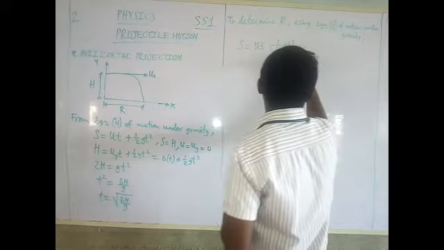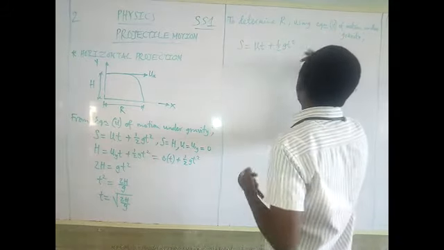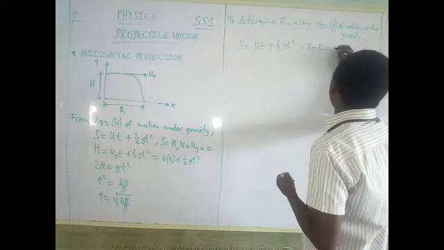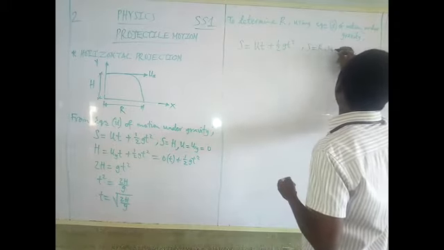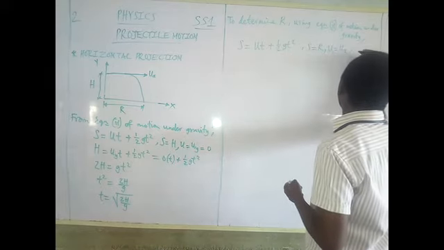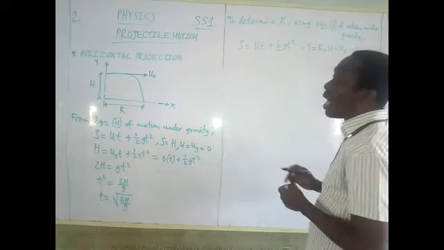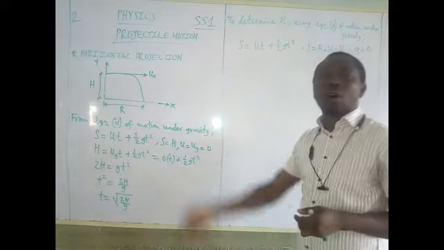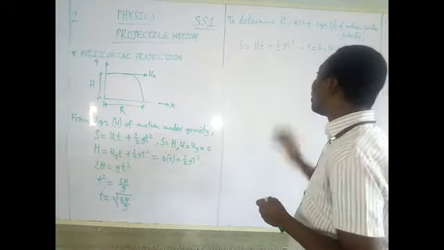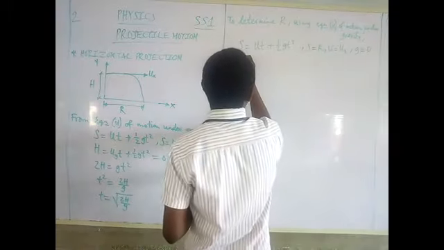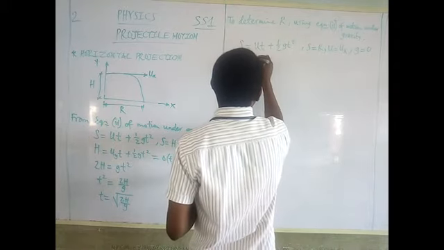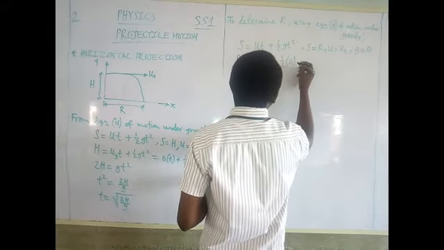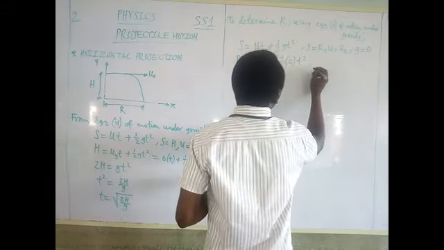If this x is now our r, which is horizontal, automatically the u in question will be the horizontal component of u. And I told us earlier that in horizontal projection, g is always 0. G is for a body that is thrown up or a body that is coming down. So this equation can be expressed as r is equal to u_x t plus 1/2, and don't forget our g is now 0, t squared.